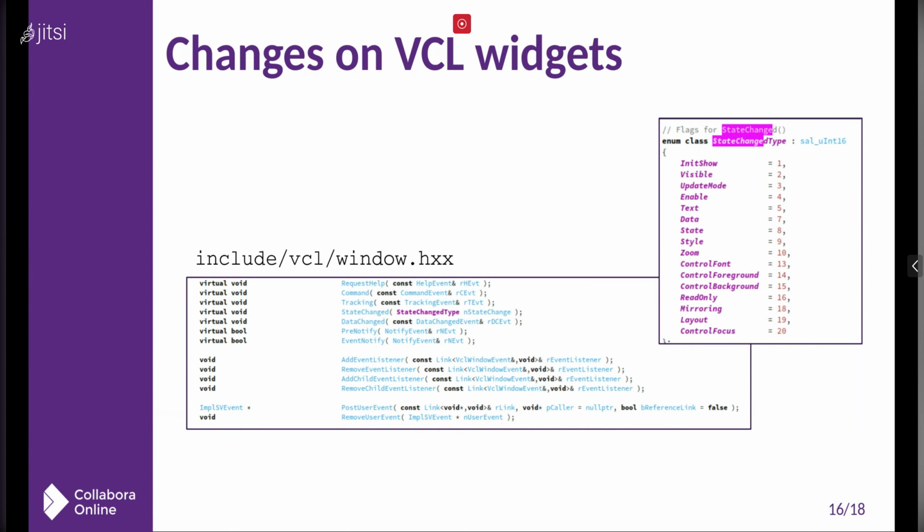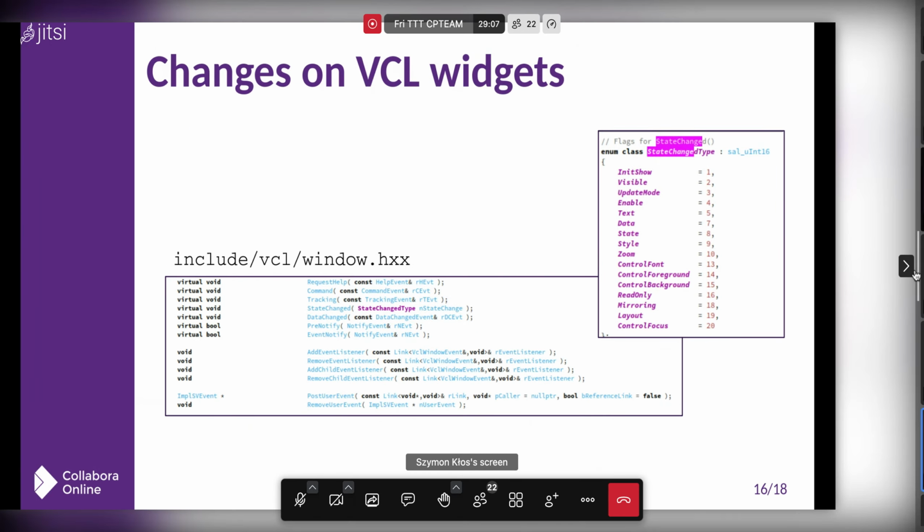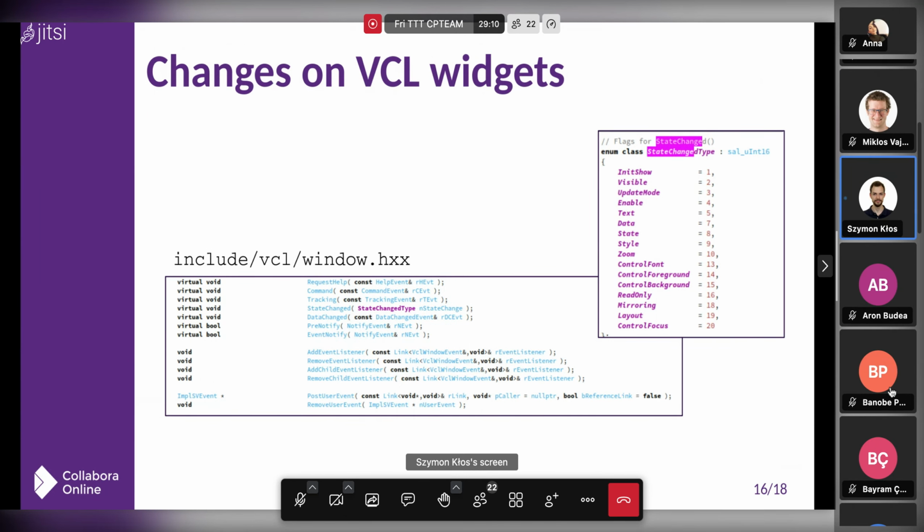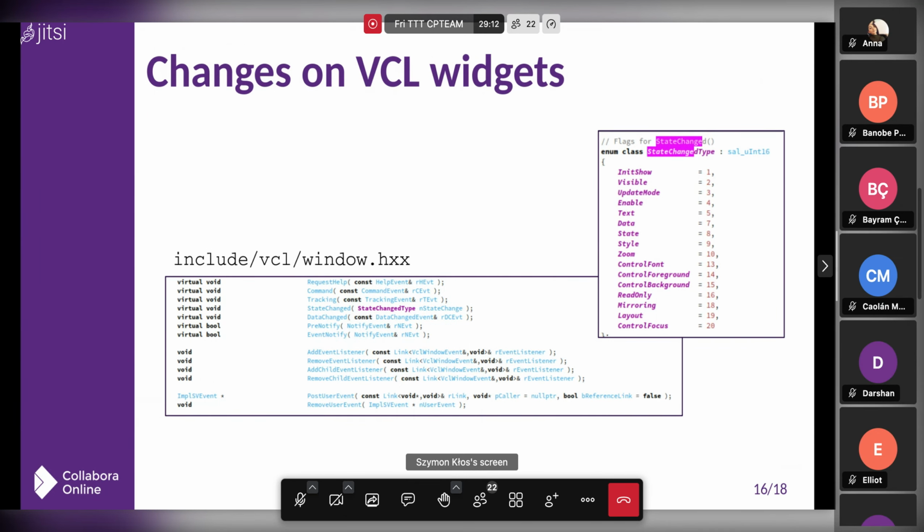Also, when we have the raw VCL widgets, we can also get some notifications, which can be useful, for example, when we switch the dark mode or light mode.